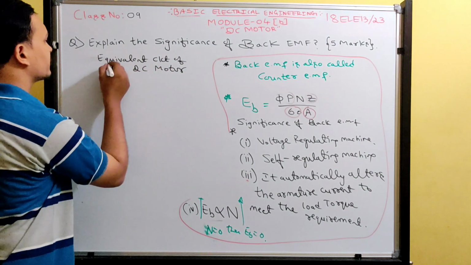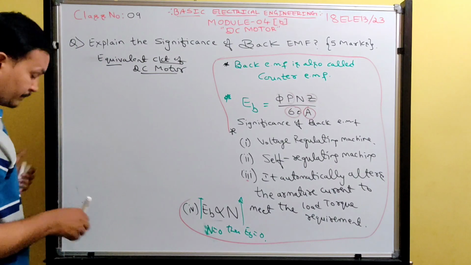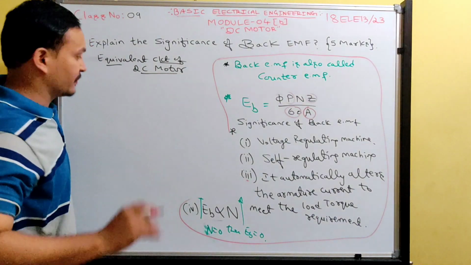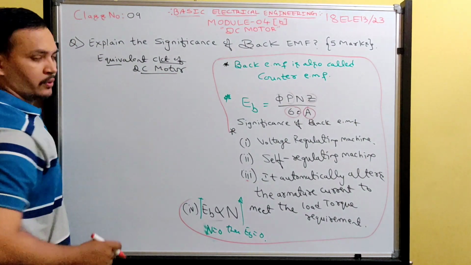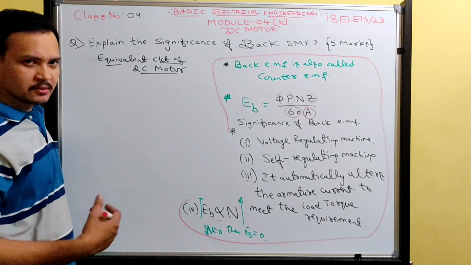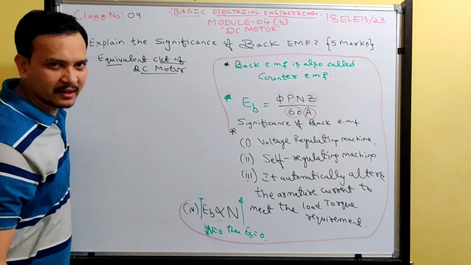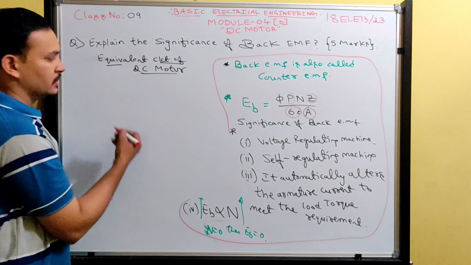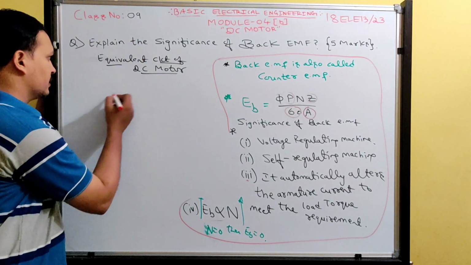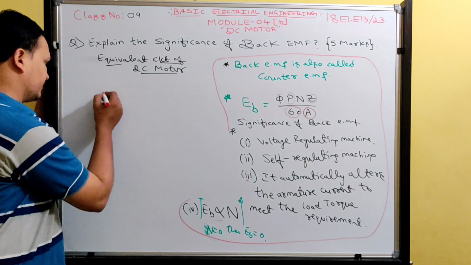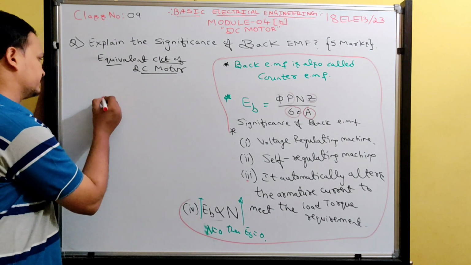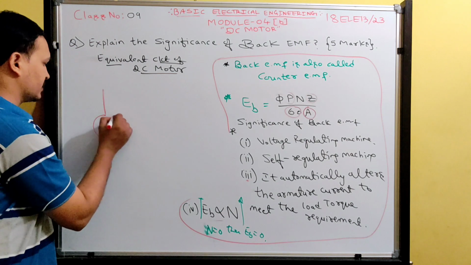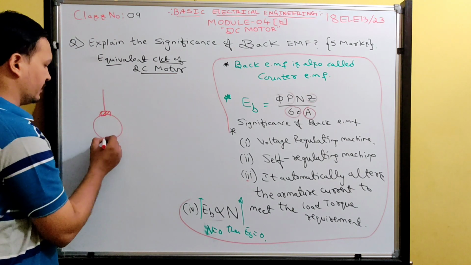Very important. See now, first I will write a symbolic representation. What do you mean by motor? It receives electrical and produces mechanical. So first let me write the symbolic representation. So this is a machine, and brushes will be here.